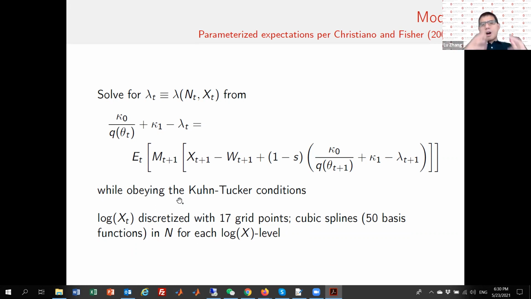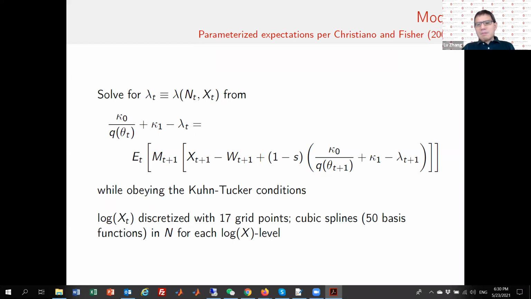We used the Rouwenhorst procedure with 17 grid points to discretize the labor productivity process. 17 means we are looking at the -4, +4 unconditional standard deviations around the mean, so it's a pretty large grid. And on the n dimension, we're going to use cubic splines with 50 basis functions.